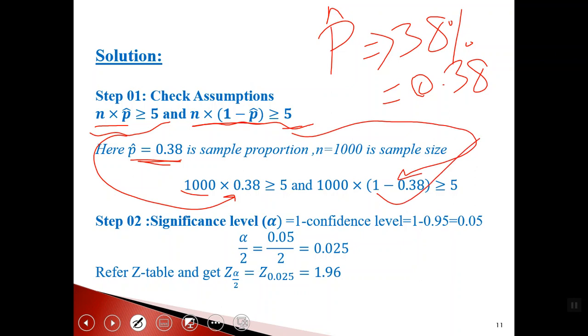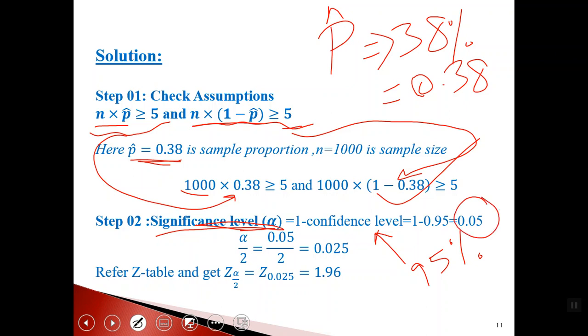Now step number 2, find the significance level alpha. They have given the confidence level. This 95% is the confidence level. Don't mix them up, it is not the alpha. To get the alpha, you should subtract that value from 1: 1 minus 0.95 is your alpha, so alpha is 0.05.